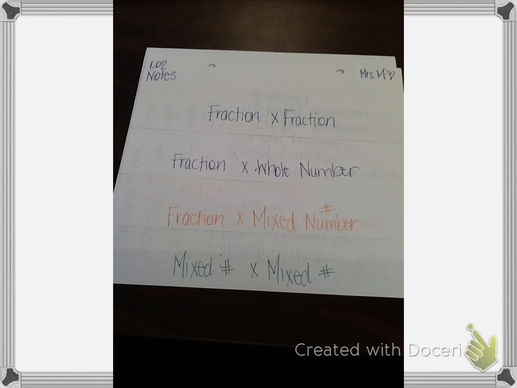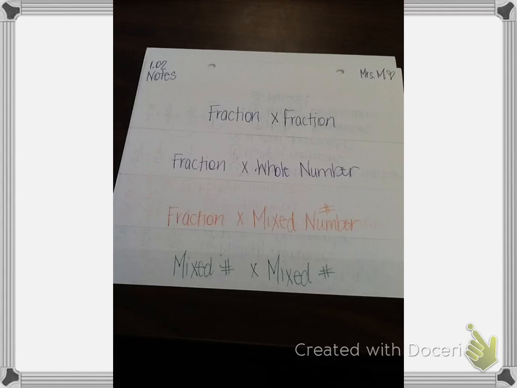So the first thing you need to do is label each of the flaps. The very first flap is just going to be a fraction times a fraction. The second flap or category is going to be a fraction times a whole number. The third category or flap is going to be a fraction times a mixed number.